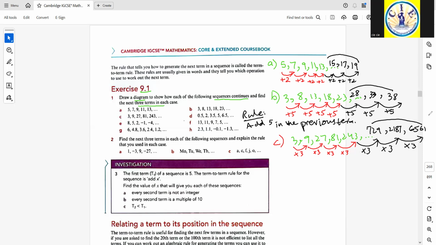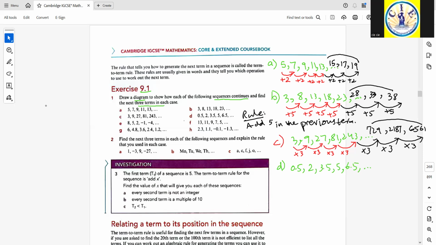Okay, now for part D, 0.5, 2, 3.5, 5, 6.5, and so on.